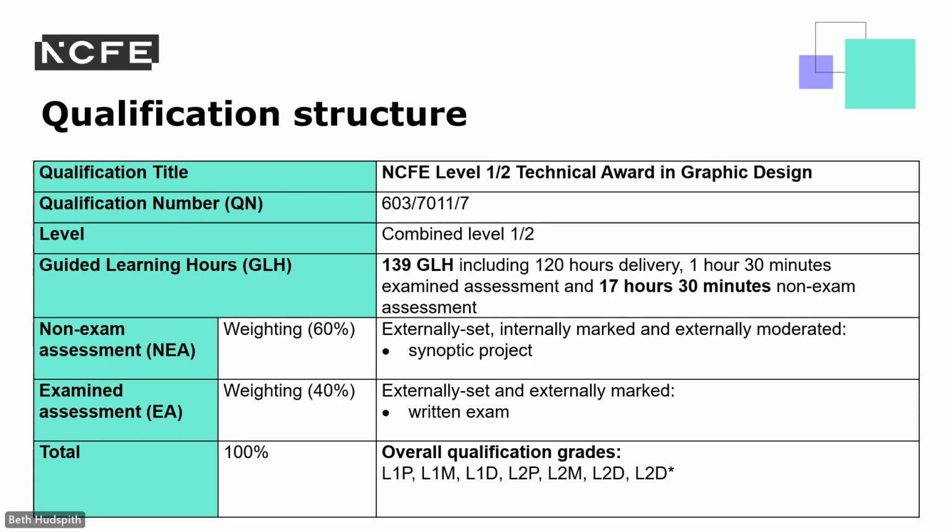The NEA has a 60% weighting and the EA has a 40% weighting. The content assessed in the EA and the NEA will be sampled across the full breadth of the qualification. So overall, the qualification grades are level 1 pass through to a distinction, and the same for level 2, though we have a distinction star.